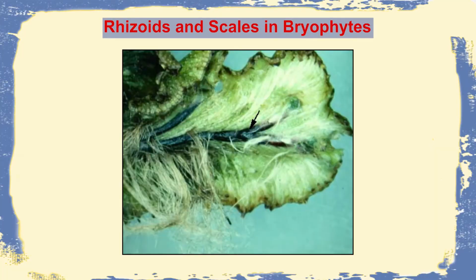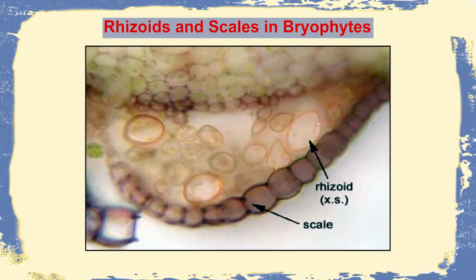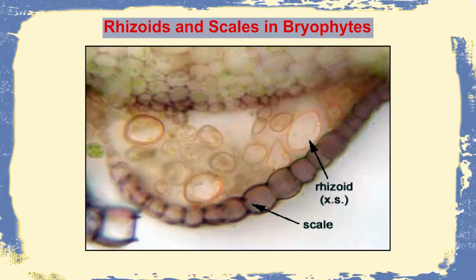There are certain appendages of gametophytes in the bryophytes. Some of the major types of appendages are the rhizoids and the scales. Rhizoids are root-like structures which help in anchorage and absorption of minerals and nutrients from the soil and transfer them to the plant. The scales help in protection.